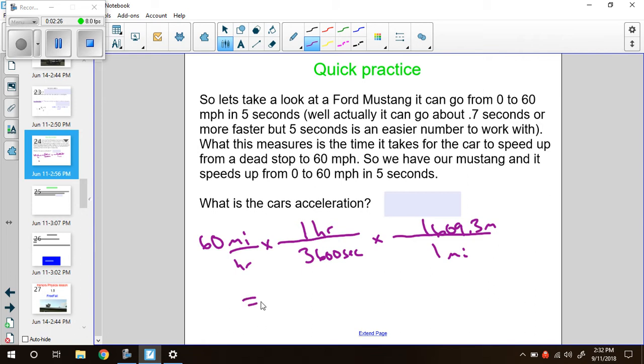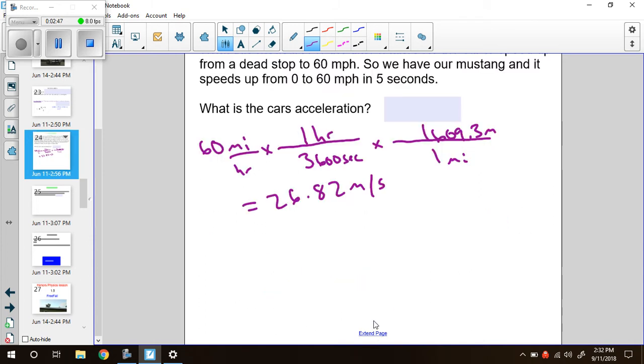So this should be, calculator out, 26.82 meters per second. All right, so that's our final velocity, and we do that over 5 seconds. So our velocity initial equals 0 because it was at a stop. Velocity final equals 26.82 meters per second, and our time is 5 seconds.